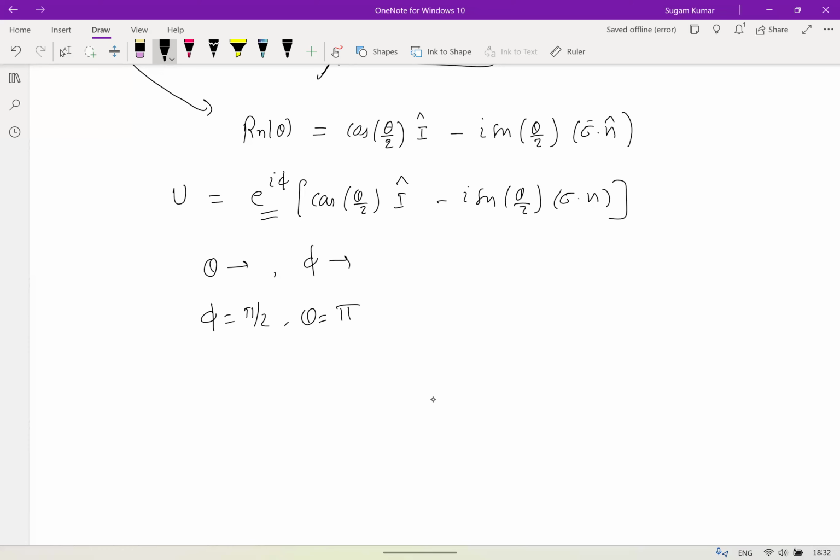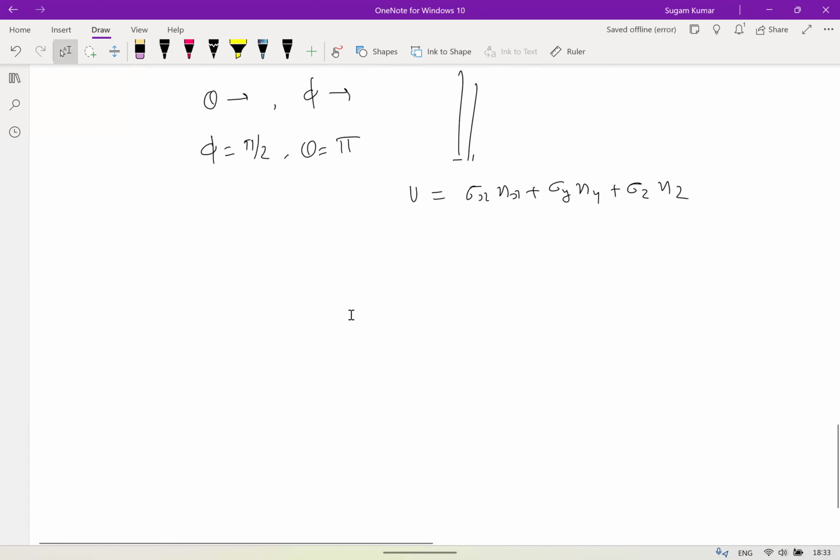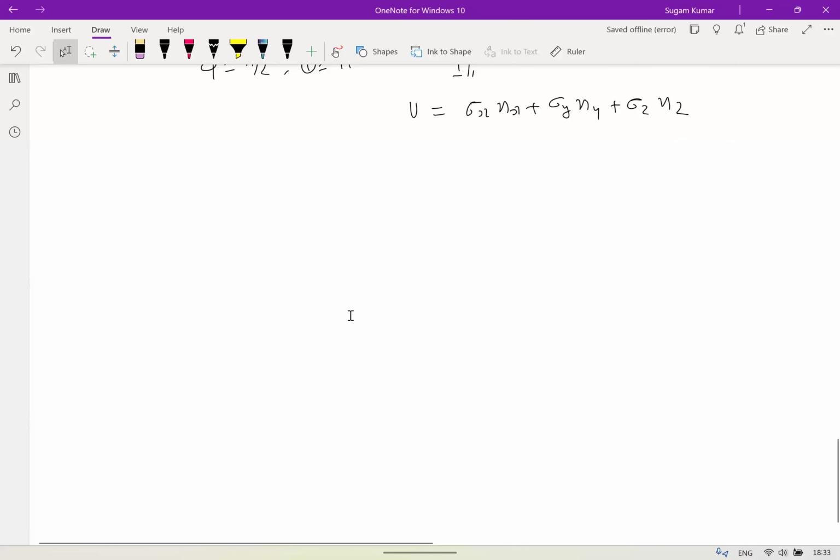And when you open this, this is something you can do, and this is going to become simply sigma x and nx, sigma y and ny, and sigma z and nz. It is mathematical, but I will explain how physically we are going to realize. Then you can set the values of nx, ny, and nz.